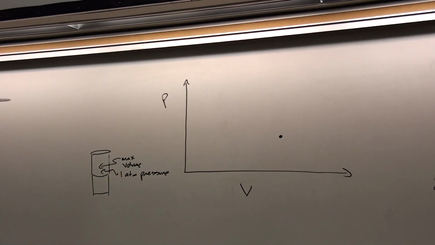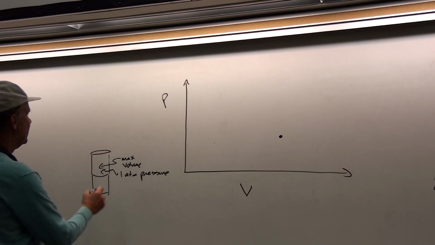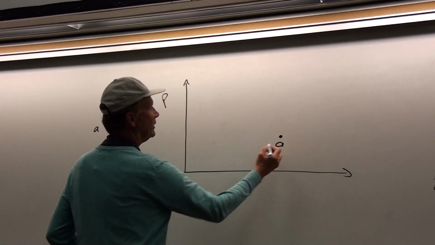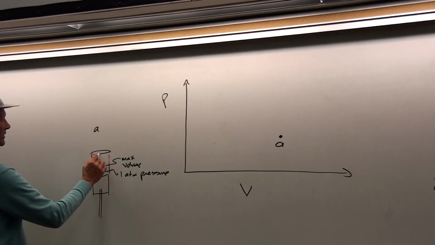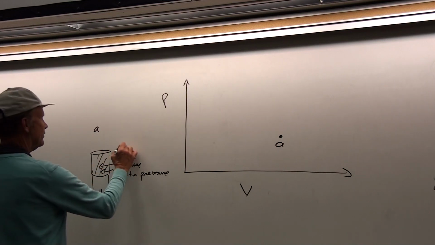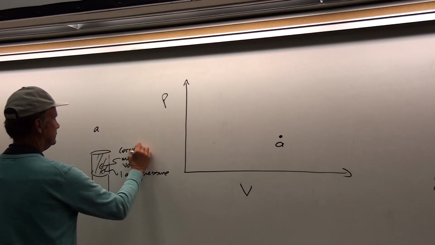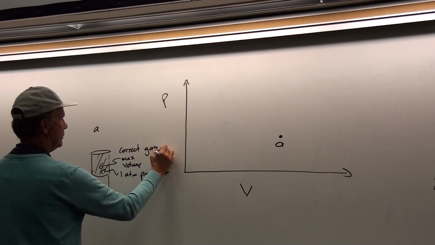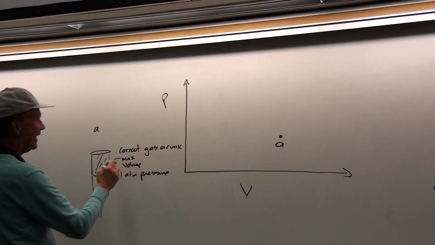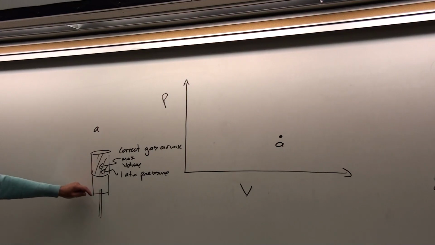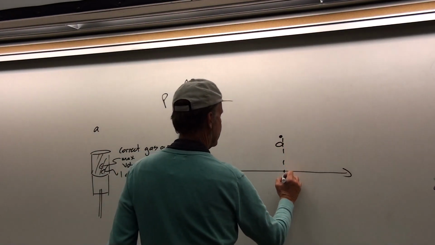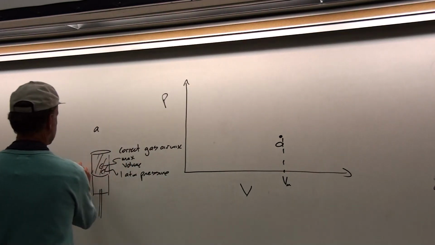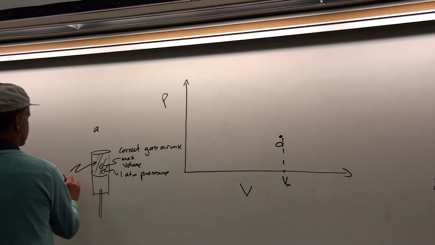And let's say that we have the correct gas-air mix at point A. I'm not going to explain at the moment how we got the right gas-air mix in here, but let's assume that we have it. But it hasn't been compressed yet, and the piston's getting ready to push up on it. This is at its maximum volume, so that corresponds to this volume here, Vmax.